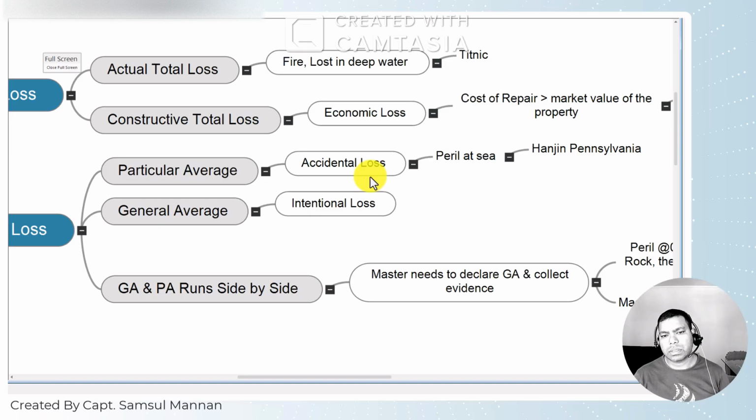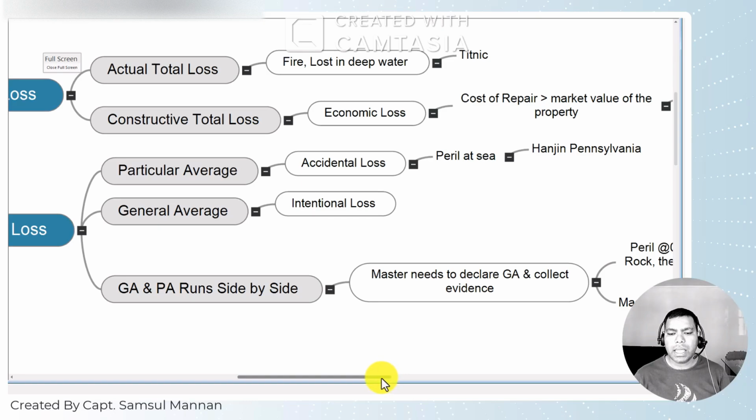This accidental loss can be due to a peril or any other reason. Like once you have gone to a port and maybe you have hit the jetty and your ship has suffered some loss, right? So this is the particular average or accidental loss, which is very commonly seen in our day-to-day maritime industry.